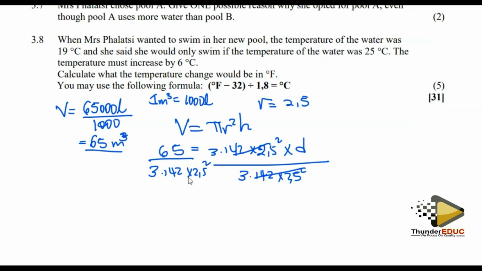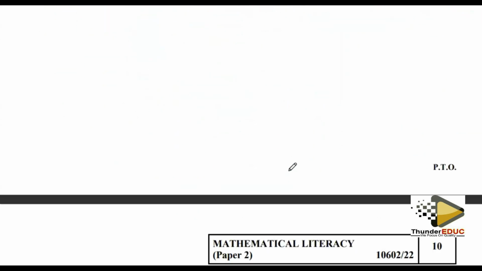When you do this, the D will become 129,296, which is approximately 129,30 meters.